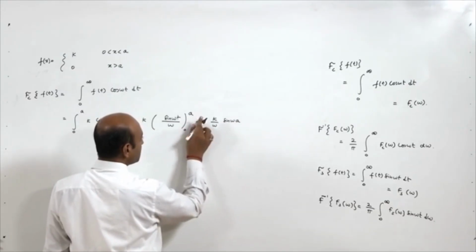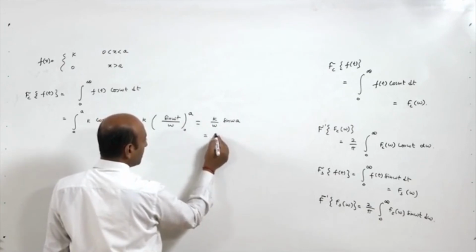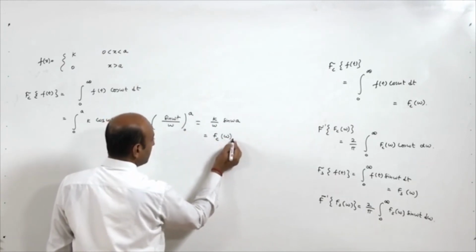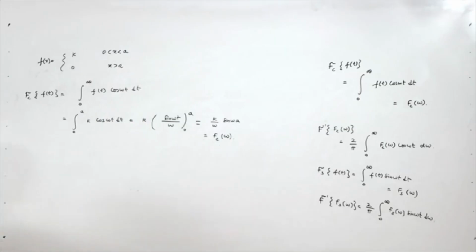So, this is basically the Fourier cosine transform of this function f(t).